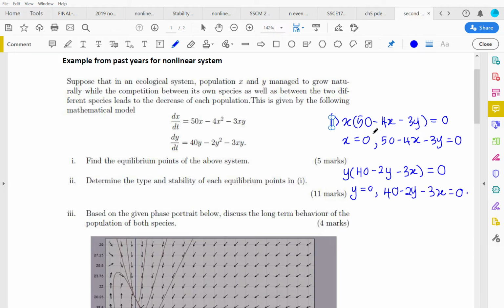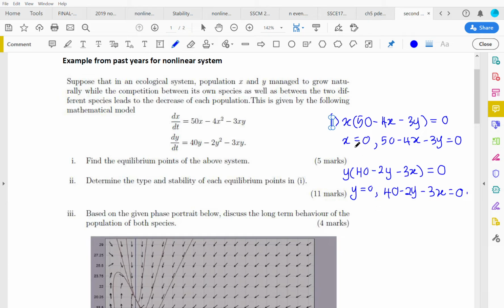If we have x from the first equation, we have to pair it with y from the second equation. So here I think we may have three equilibrium points, if I'm not mistaken.